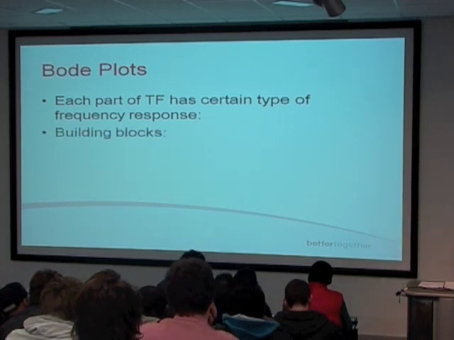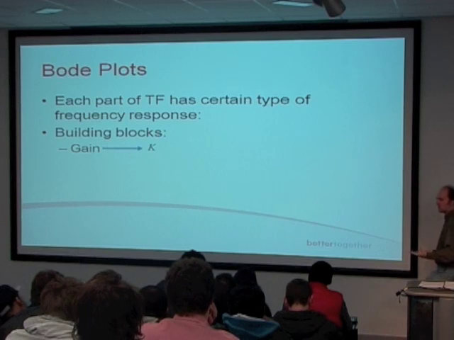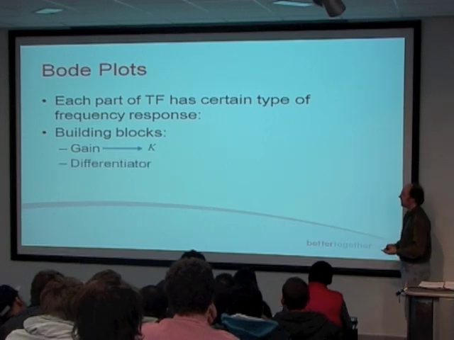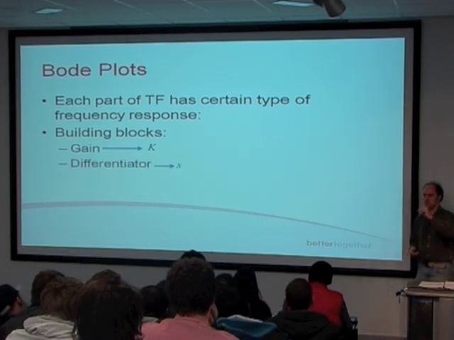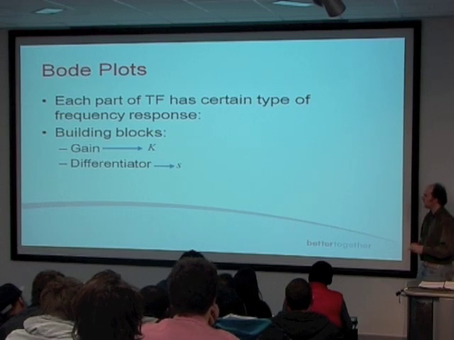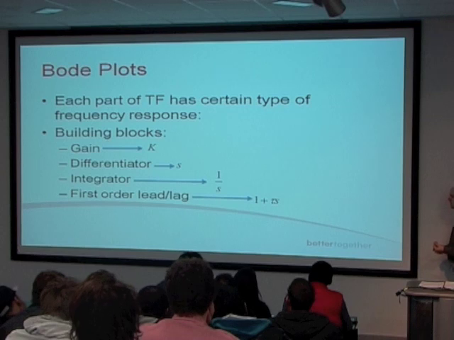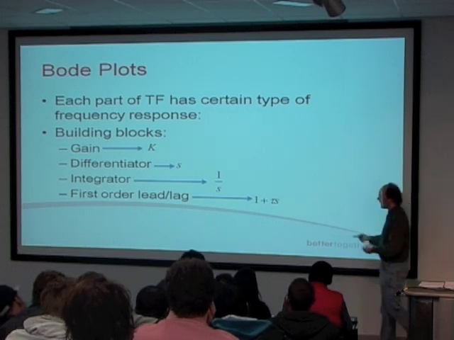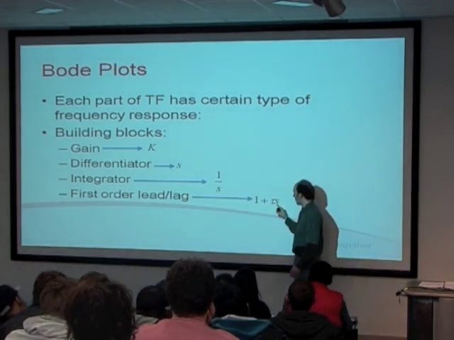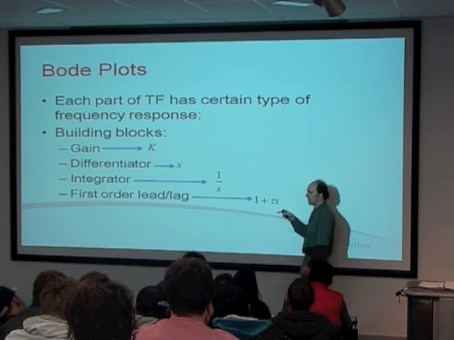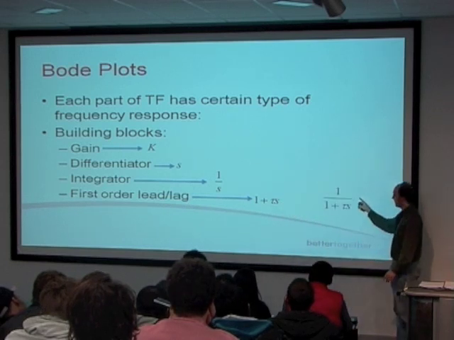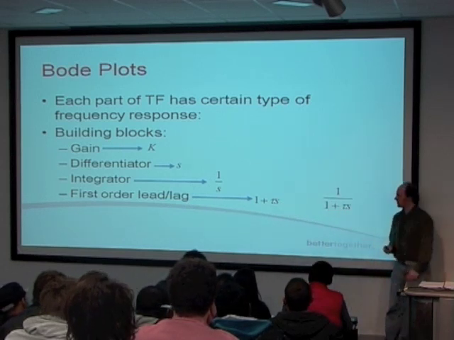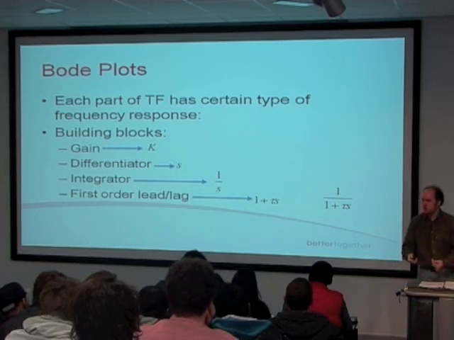And so the building blocks for transfer functions, we know there's sometimes gains. You can sometimes get differentiators, which is an S in the numerator. You can get integrators, where there's a 1 over S term. You can get a first order lead term, which is a 1 plus tau S in the numerator, or a first order lag, which we've seen is 1 over 1 plus tau S. And you can gain an order.